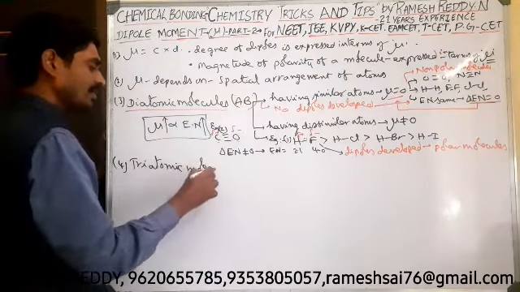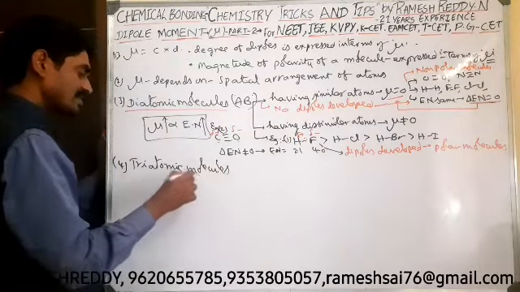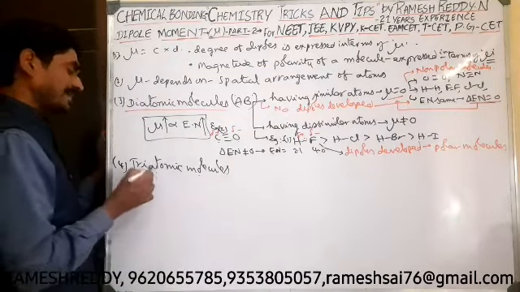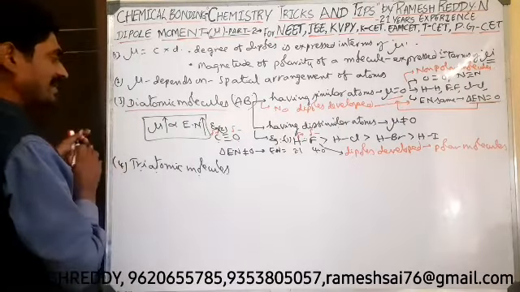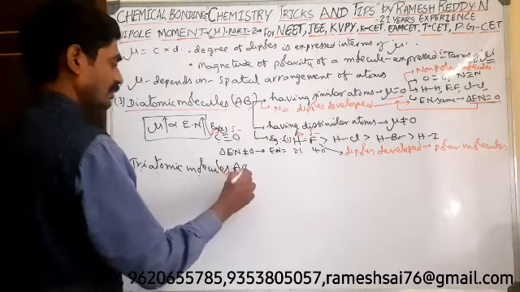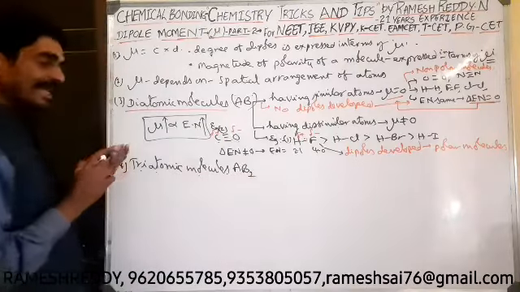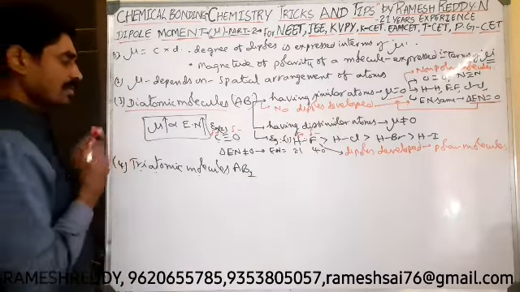The molecule which is made up of 3 atoms is a triatomic molecule. In case of triatomic molecules like AB2 type, there is 1 central atom and 2 surrounding bonded atoms.